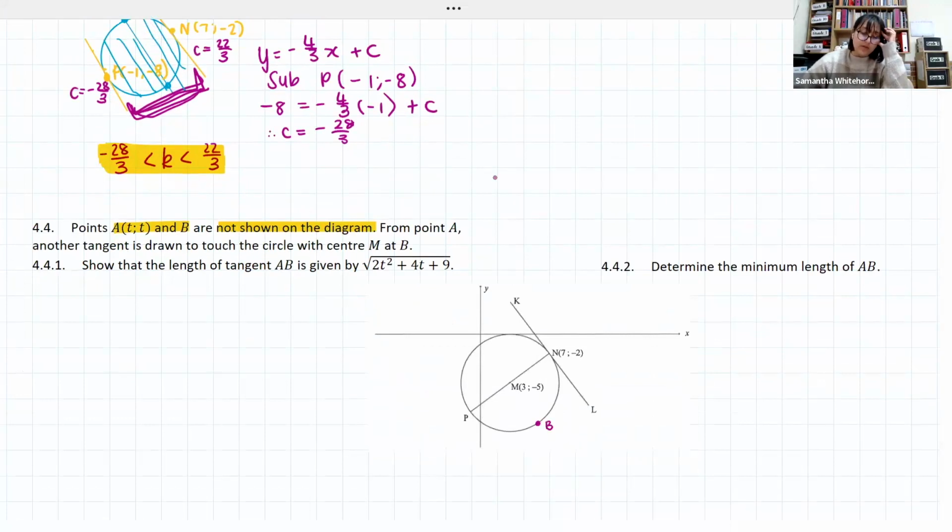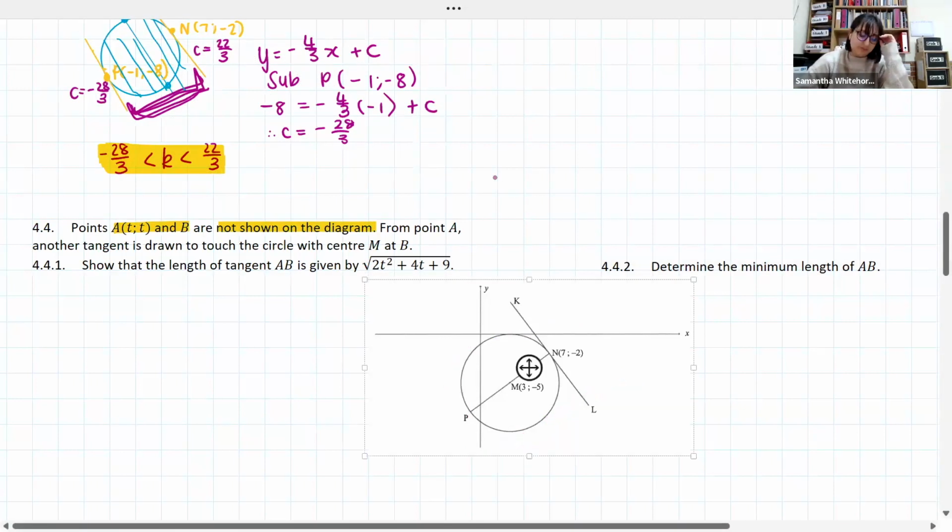So let's say B was here, point A was here. I'm joining those two points so that I now have a tangent to my circle at B. That could be anywhere. B could be here, A could be here, and there's a tangent to your circle. Same thing here, A, B. It could be anywhere, but that is essentially what that statement is saying to us.